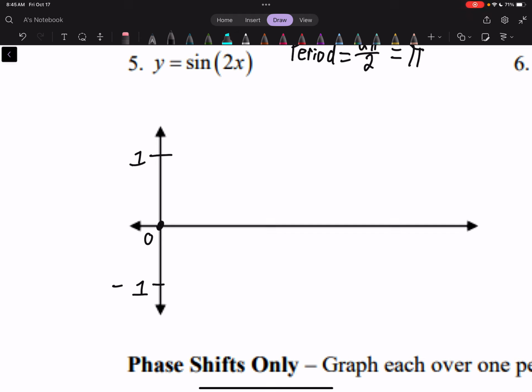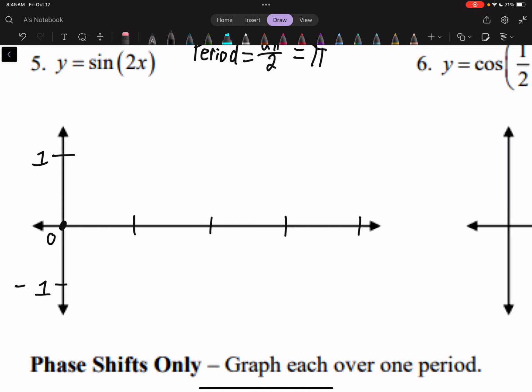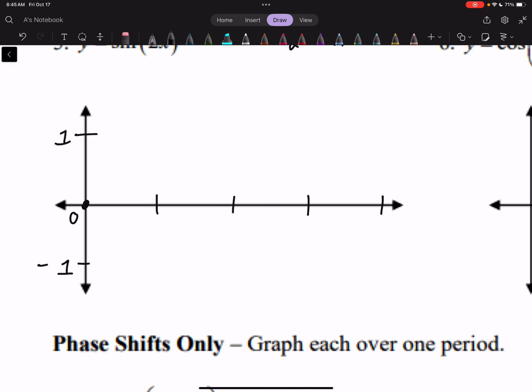Now I'm going to put 4 approximately equidistant tick marks to get a good picture of this graph. I'm going to end this at pi. Well, halfway through will be pi over 2. To get to this quarter, I'm going to divide by 2 again. This is pi fourths.